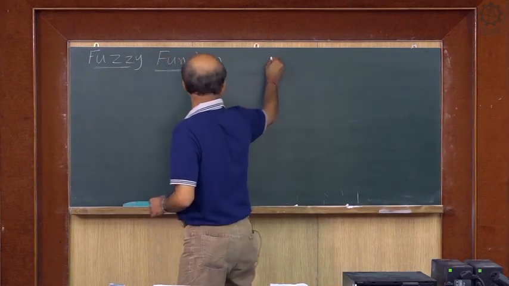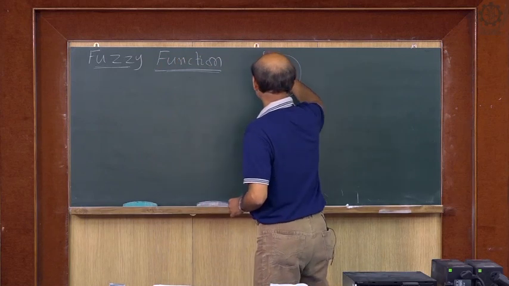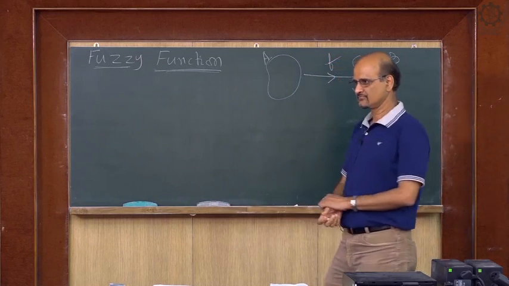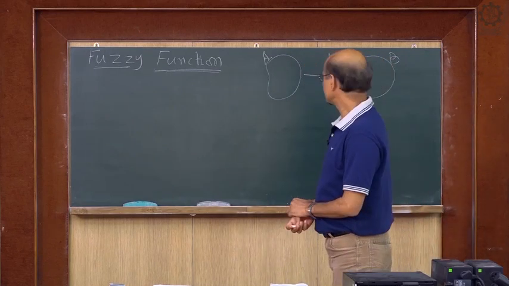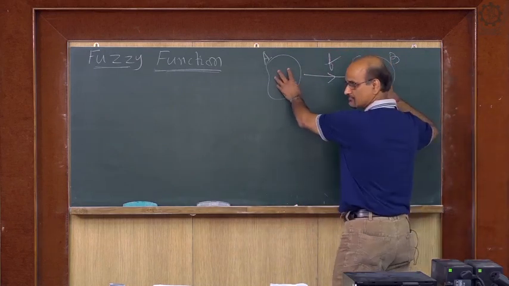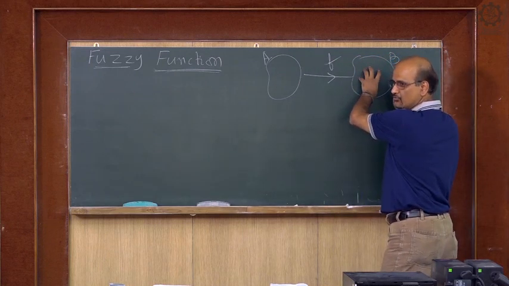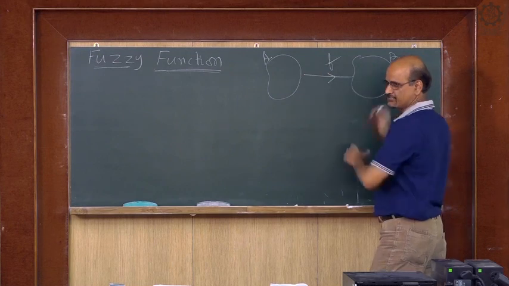So, as you know, if we have a set A, set B, I have a function. So, I have three things: domain, F, and this codomain. What's range? Okay.